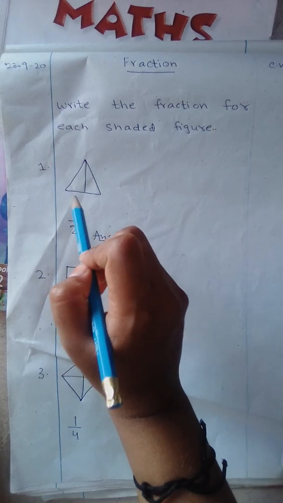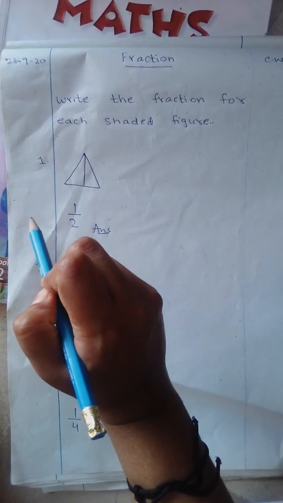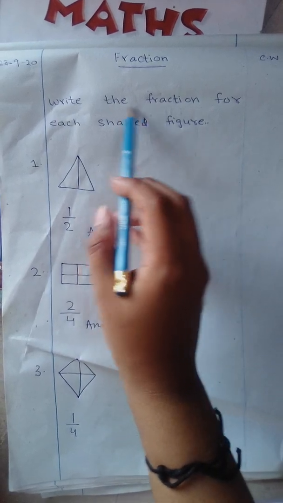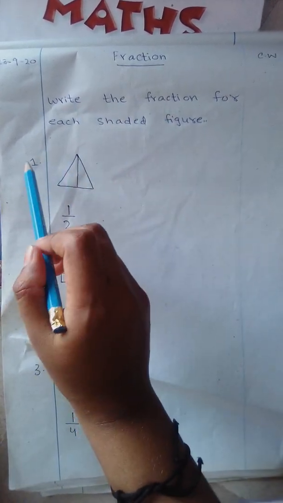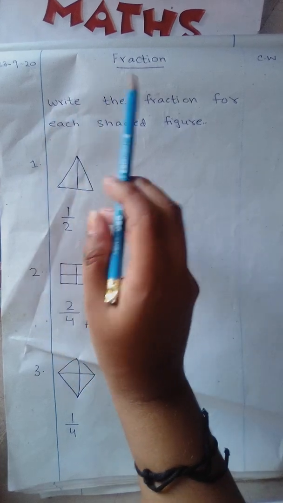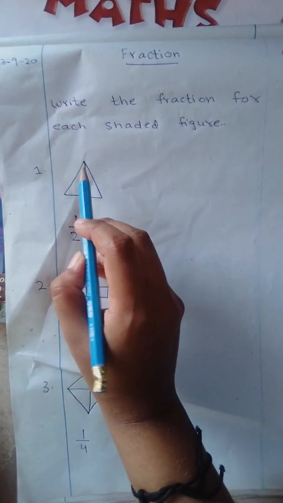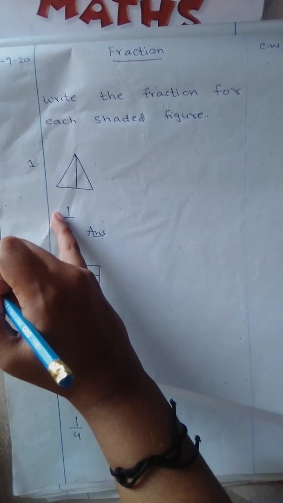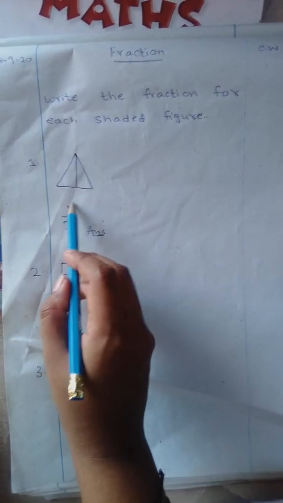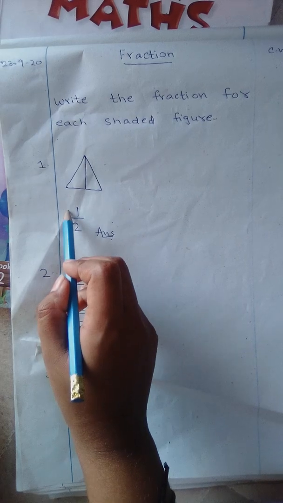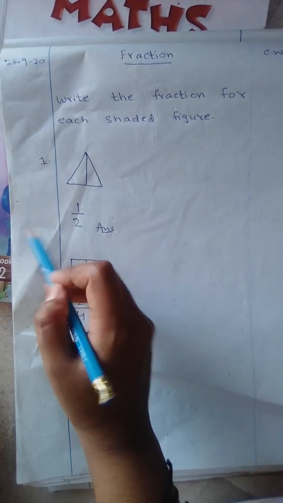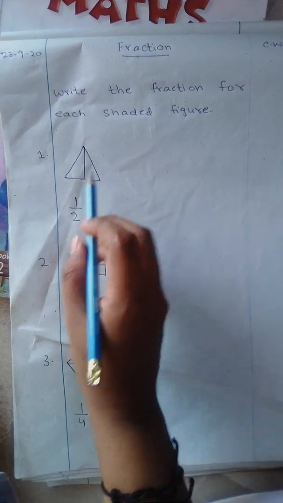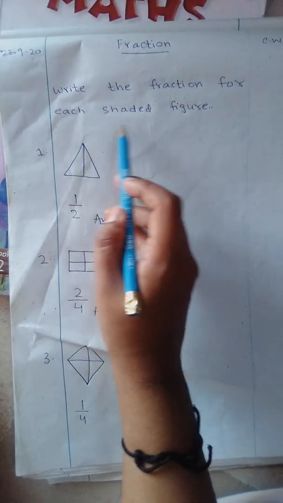This is a fraction. A fraction is denoted like this: 1/2, 2/4, 5/2, and so on. So write the fraction for each shaded figure.